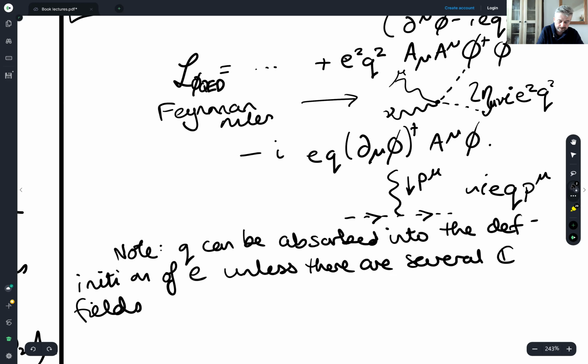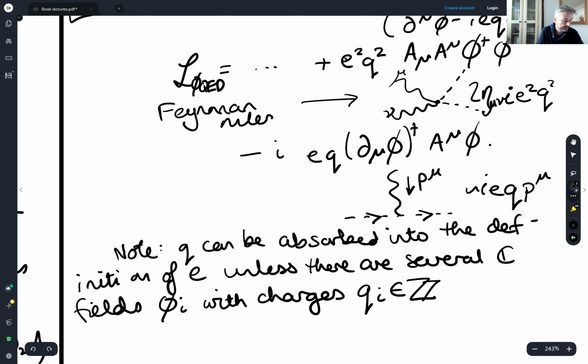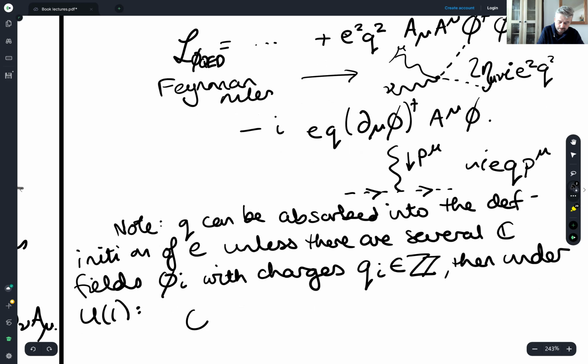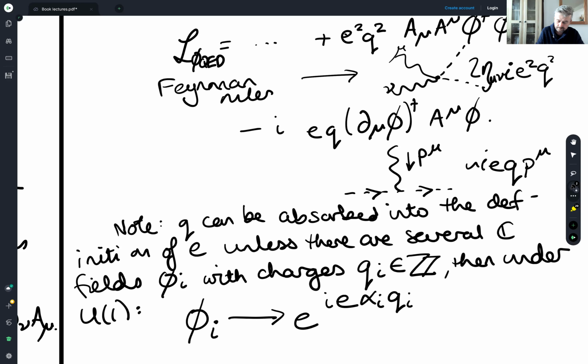So if we've got several complex fields, φ_i, with different charges, so charges q_i, each of which is an integer, then under U(1), what happens is that each of these φ_i's transforms as e^{i q_i α} times φ_i, no sum on i.